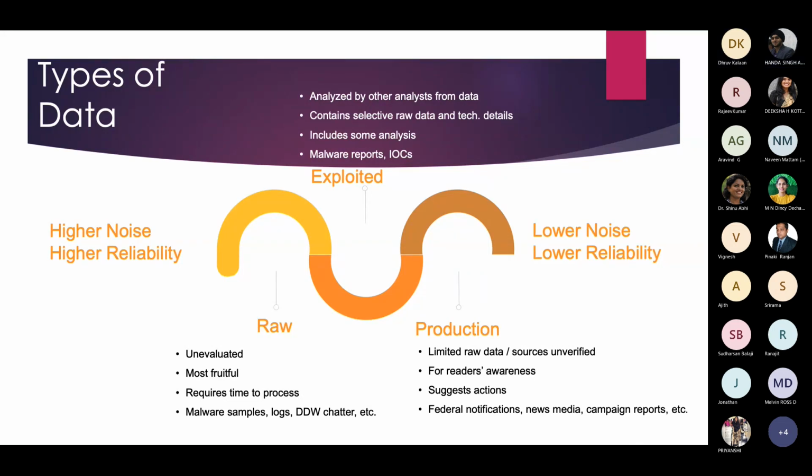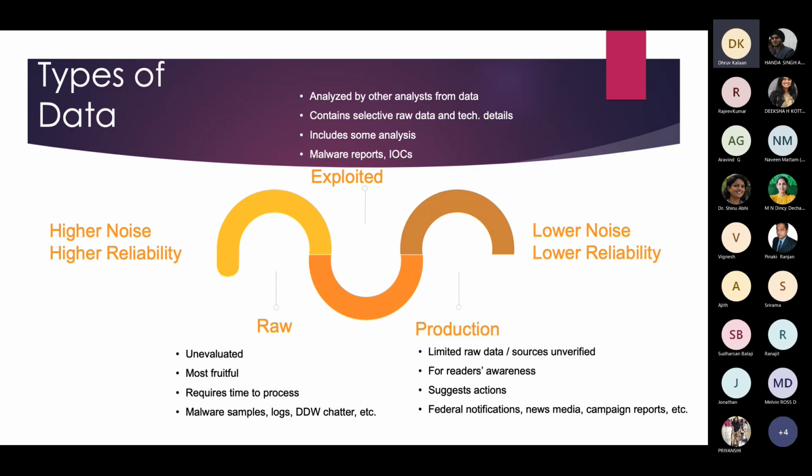Perfect. One more thing that's important to analyze here is the noise and reliability that we look at. For raw data, some people oppose me on this and say, hey, you're not actually making sense here, so let me know if you guys think the same. But in terms of raw data, we have an extreme amount of noise coming in because it is coming in from multiple sources and is unanalyzed.